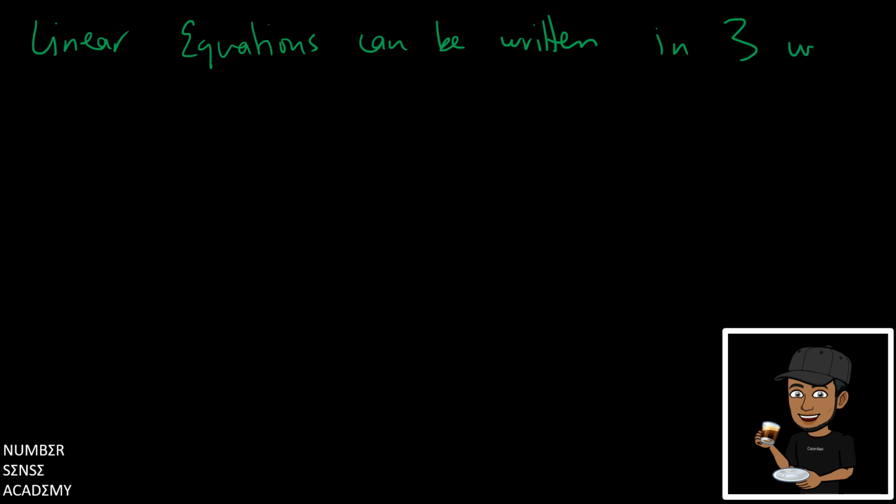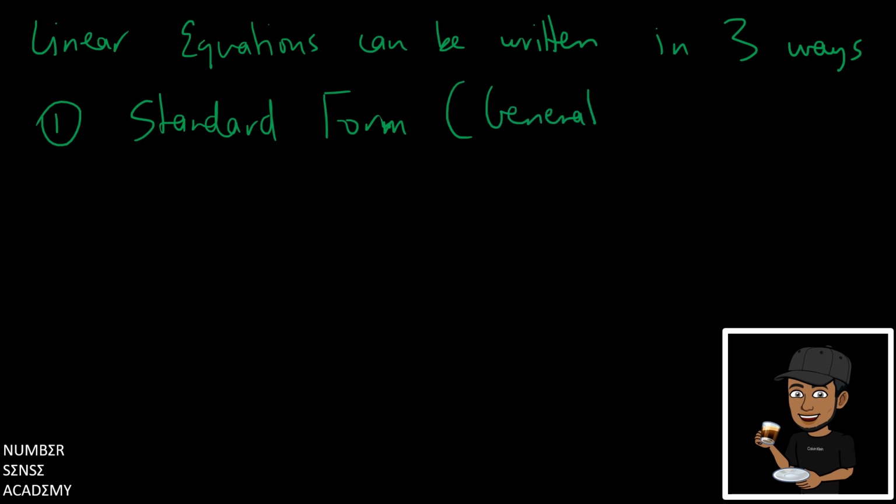As we continue with linear equations, there are some properties that you need to have. There are 3 ways of writing linear equations. The first way is what we call standard form, or general notation, or general form.